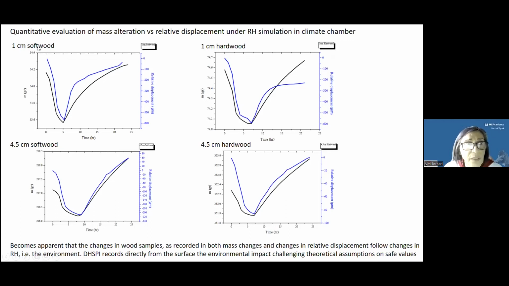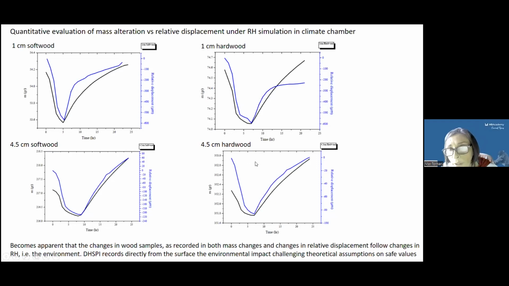It is these samples of 1 centimeter softwood hardwood and 4.5 centimeter softwood hardwood under the impact of relative humidity, and we see the change in the displacement, that is the blue line, whereas the mass is given in the dark line.